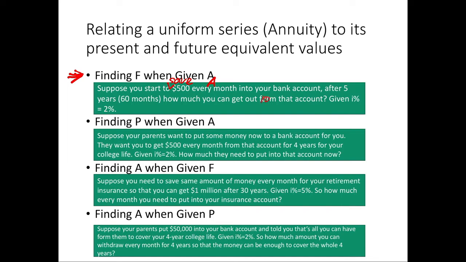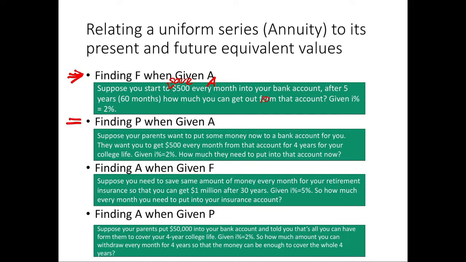Okay, so that's a typical question we ask ourselves. If I save $500 every month for 60 months, given the interest rate of 2%, then I want to know how much I can get after the 60 months. Okay, so to answer that question, you can use the equation for finding F given A.